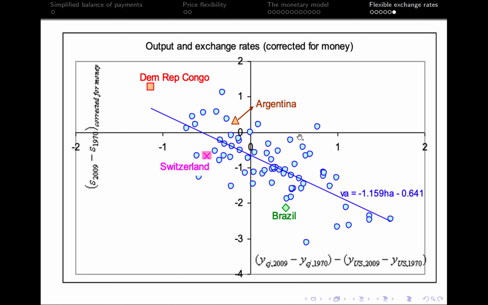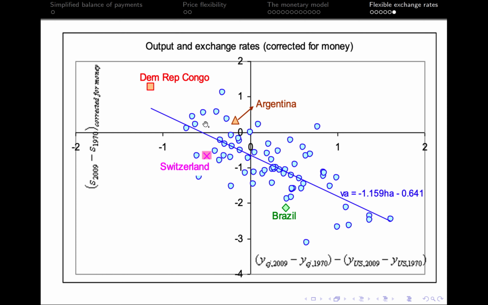Why is it so? In our model, we made the assumption that the transactional demand parameter is the same in both countries, which of course doesn't need to be true. So in our simplification, we might have gotten some things wrong.